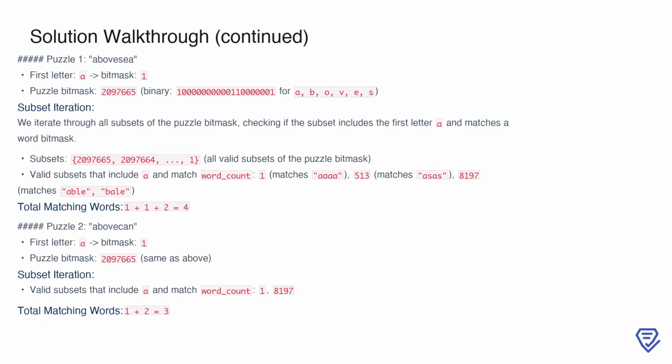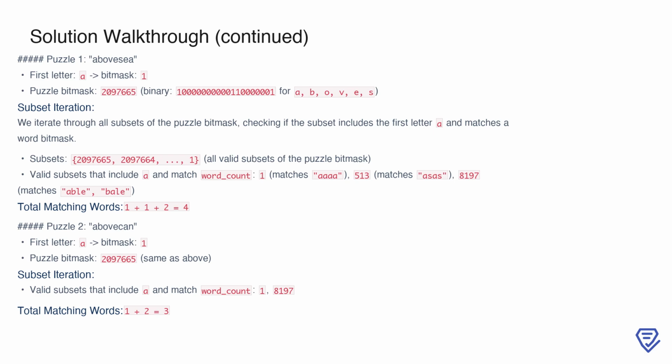For aboveC, the valid subsets include 1, matching AAA, 513, matching aaas, and 8197, matching both able and bale. Adding up the counts from word_count, we find 1 plus 1 plus 2 equals 4 matching words for this puzzle.